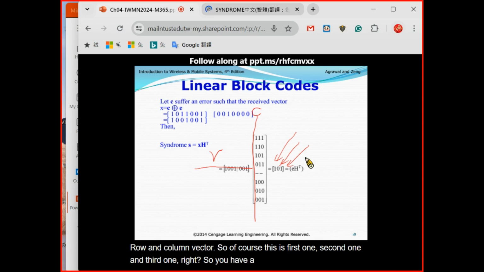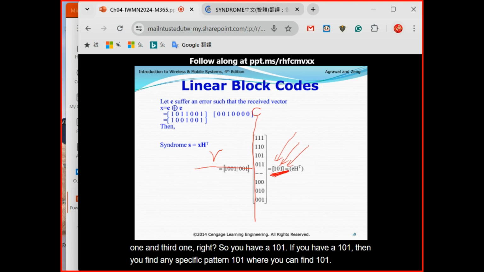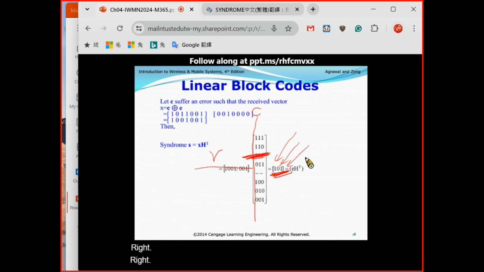If you have 101, can you find any specific pattern? 101, where can we find 101? So that says if you have 101, it's a single error. And you can find, well, 1, 2, 3, the third vector.